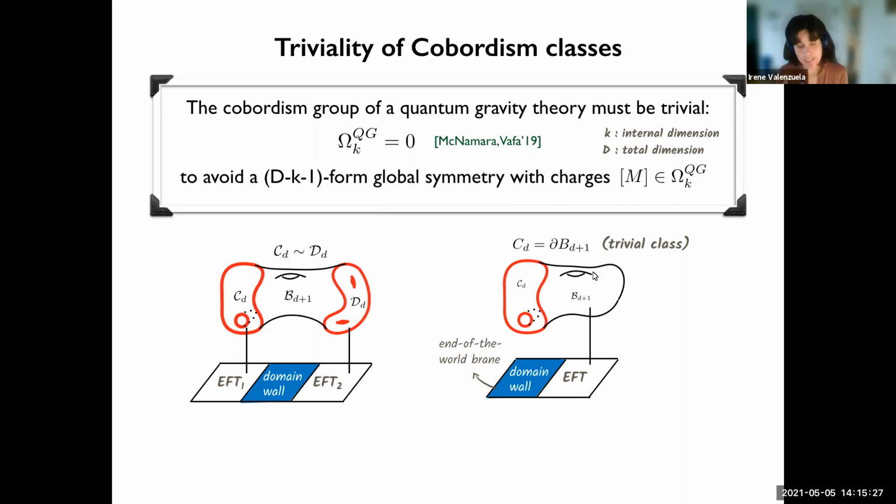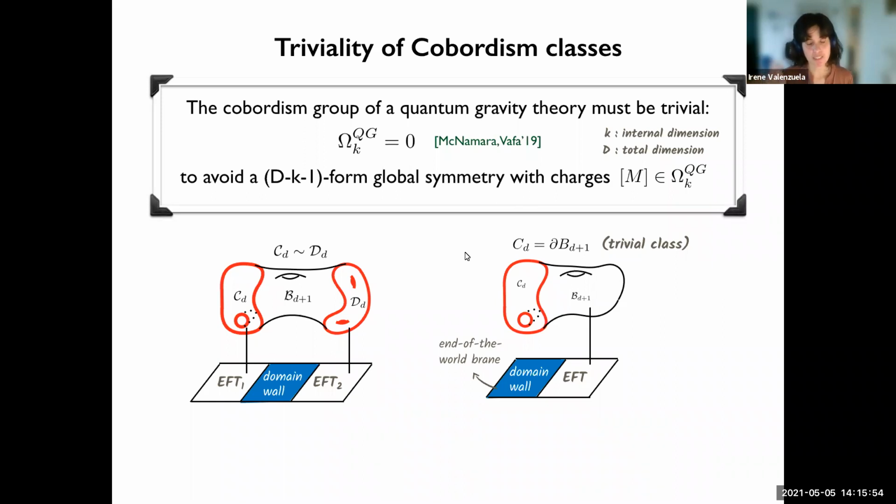Yes, and precisely this has been used to predict the existence of new non-supersymmetric branes in string theory. Because there are some cases in which the defects that trivialize the cobordism group are usual D-branes or NS5 branes, or usual things. But in other cases, the defect that would trivialize that cobordism group is not known in string theory.